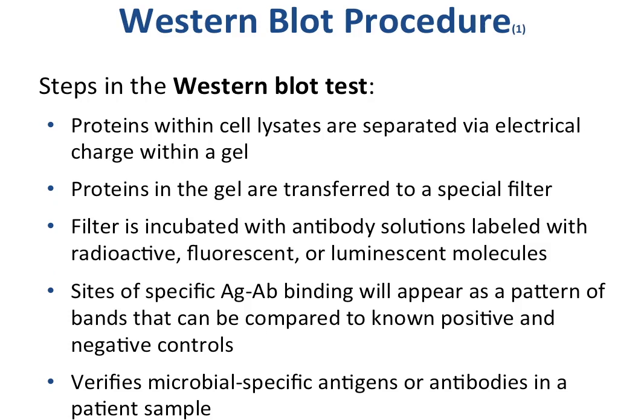Western blot. Western blot is widely used by research and hospital. When we do the Western blot, first we have to lyse the samples, or lyse the cells, or lyse the bacteria, so we have to let the protein in the cells be released, and then we can load the samples to a gel.